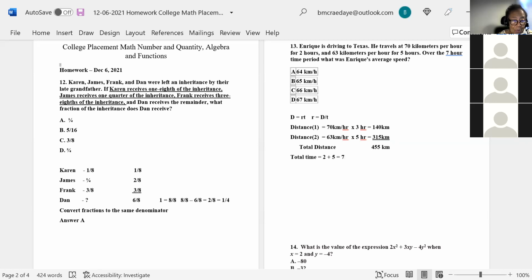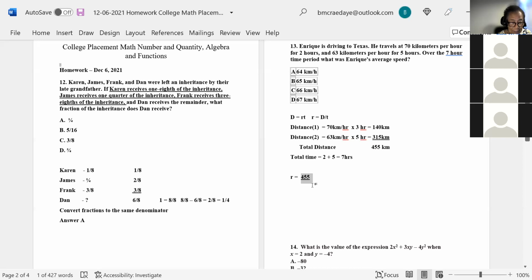So now you know the total time and you know the total distance. So rate would be equal to what, Vanessa? The rate, small r. That's what? Distance over time, yes. So what was the total distance? 455 divided by 7, right? Gives me 65.